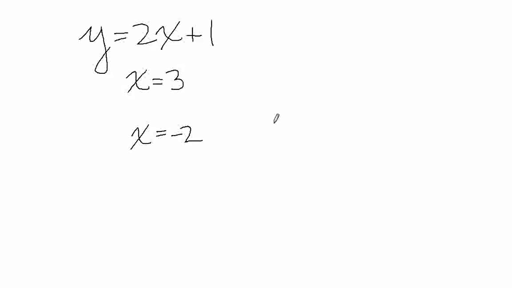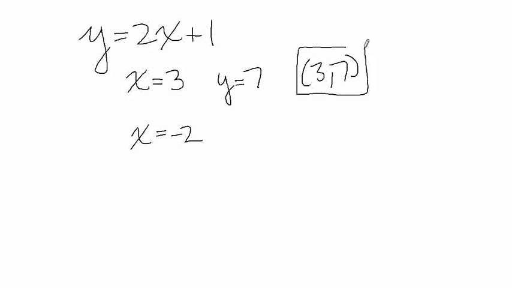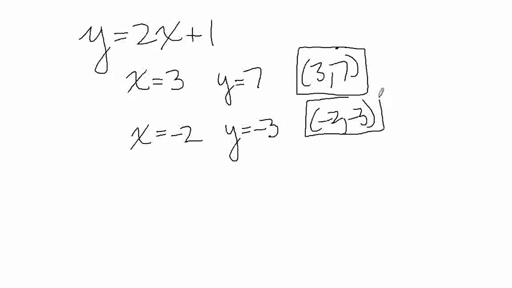For x equal to 3, I replace x in the original equation with 3, and I get y equal to 7. So 3 comma 7 between parentheses is the compact way to state that solution. For minus 2, I get y equal to minus 3. So minus 2 comma minus 3 in parentheses is the compact way to denote that solution.